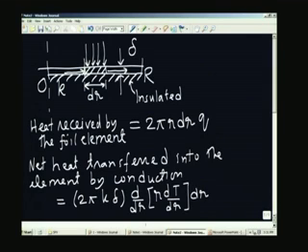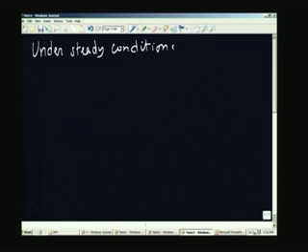So now what I have to do is the heat received by the foil element must be exactly equal to the net heat transferred into the element, because under steady conditions these two must be equal.